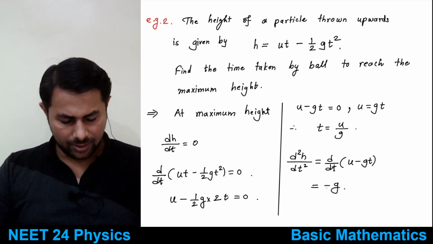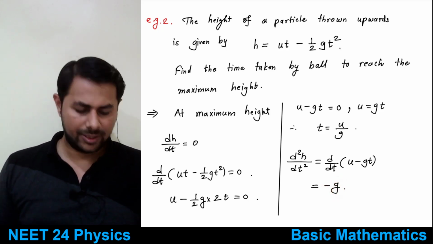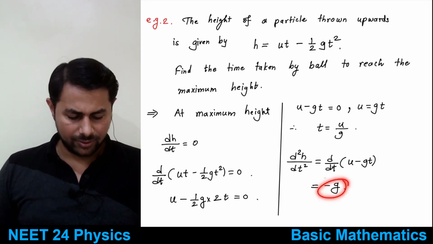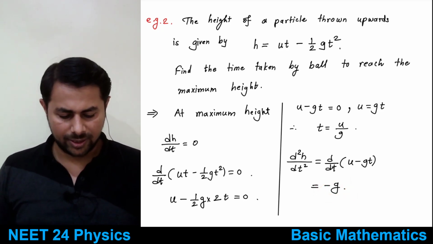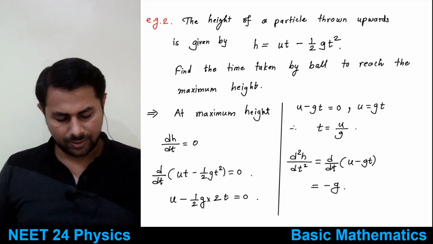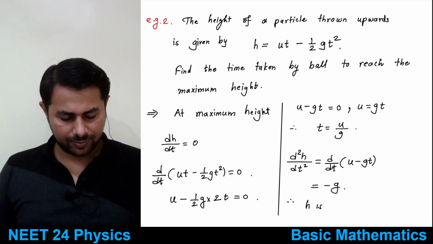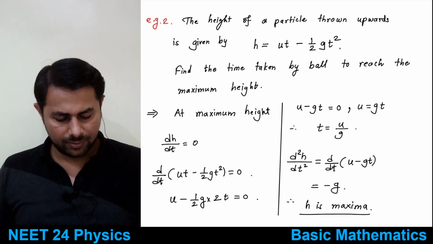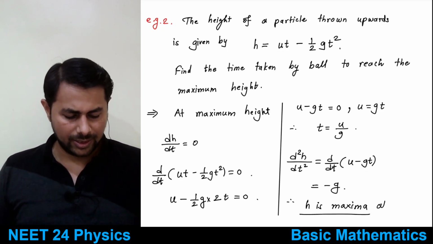Minus g is minus 9.8 meters per second square, so this is negative, that means it's a maxima. Therefore h is a maxima at t equal to u by g.